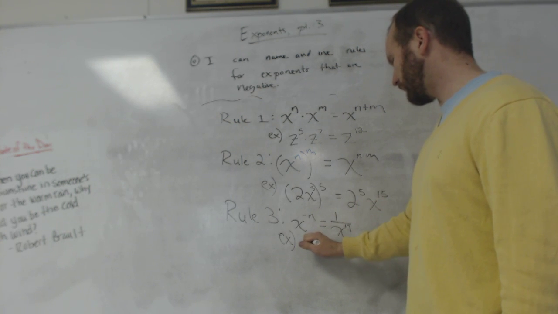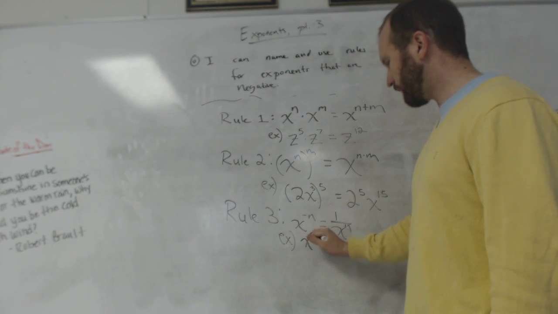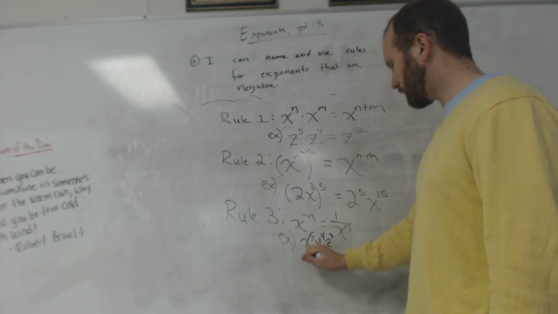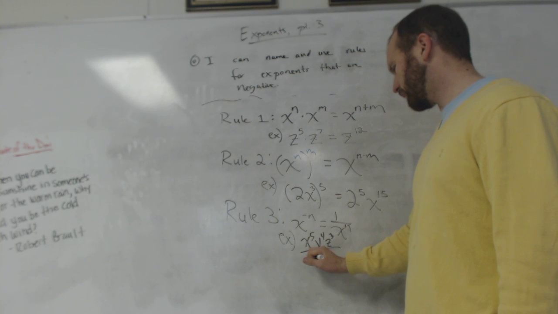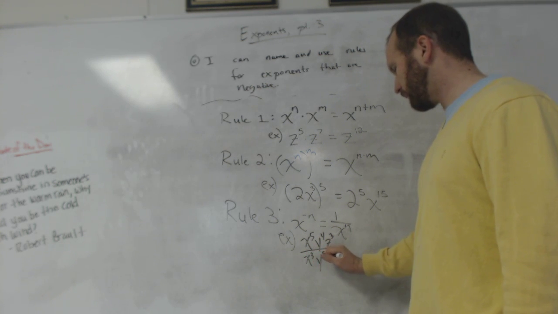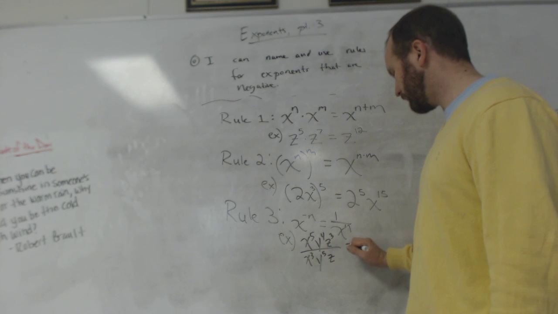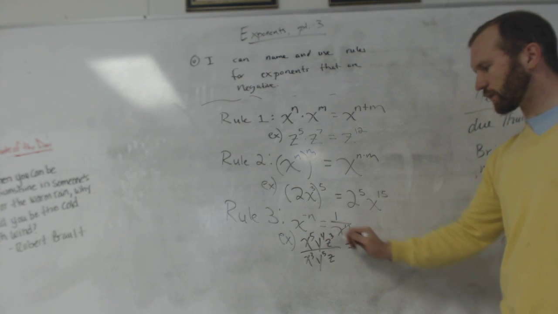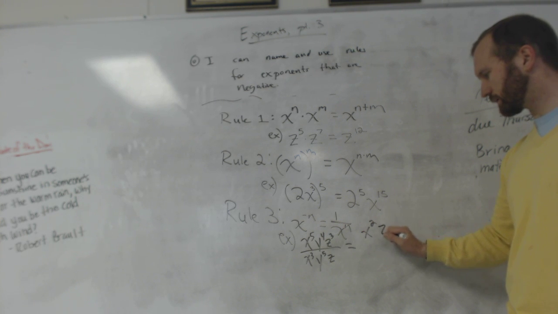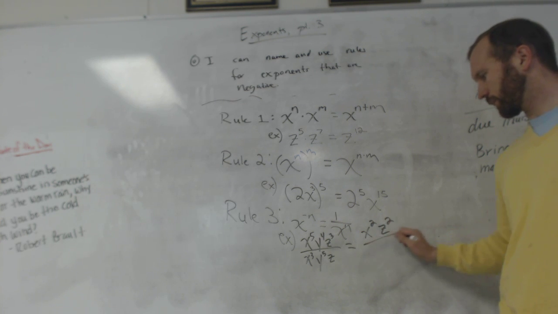We said something like x to the 5th, y to the 4th, z to the 3rd over x to the 3rd, y to the 5th, z, and then we would subtract those, so we get x squared, z squared over y.